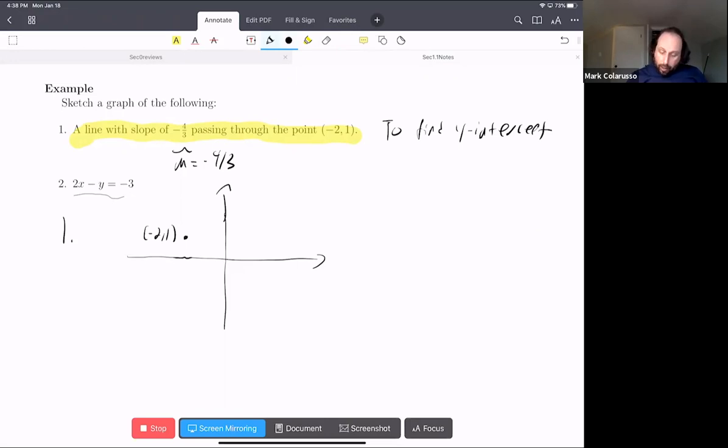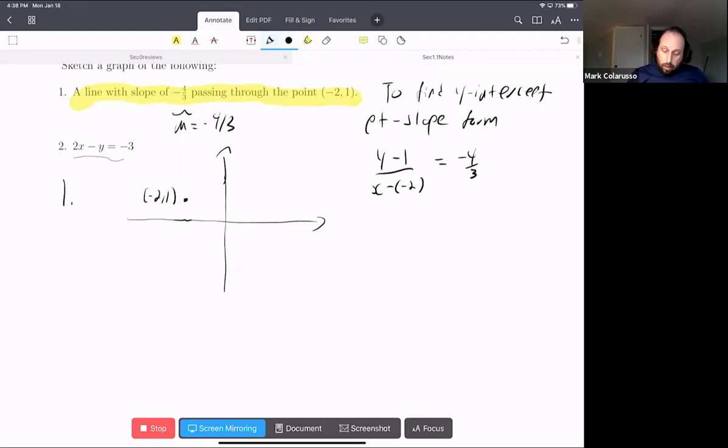So again, like in the last example, we find the point slope form. So (y minus 1) over (x minus minus 2) is minus 4/3. Sorry, (y minus 1) over (x plus 2) is minus 4/3.